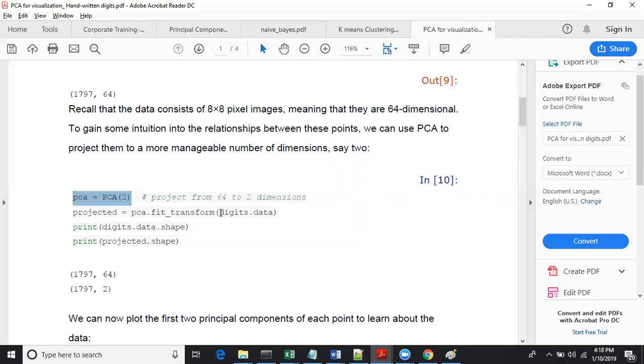Whenever there is a change in the matrix, we have to do fit_transform instead of only fit. You'll see in some cases, whenever you change the data sets or the dimensions, then you have to apply fit_transform. It will do the calculations by flattening the data, then it reshapes it to its original form.